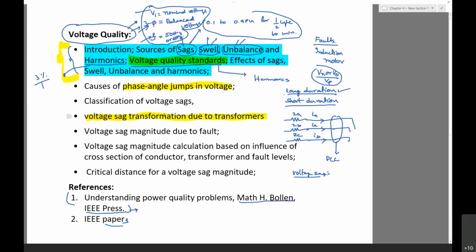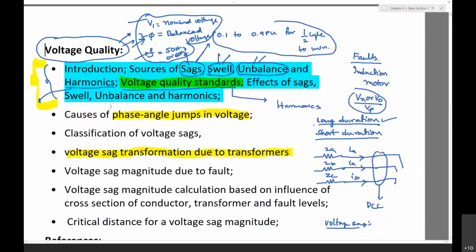In the earlier classes, we saw definitions related to the sources of sag, swell, voltage unbalance, and voltage harmonics, and also the voltage quality standards related to harmonics.